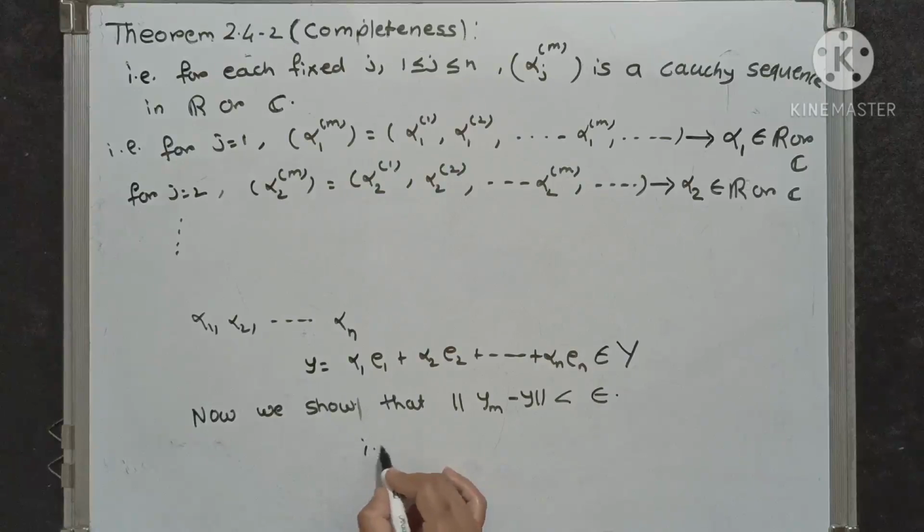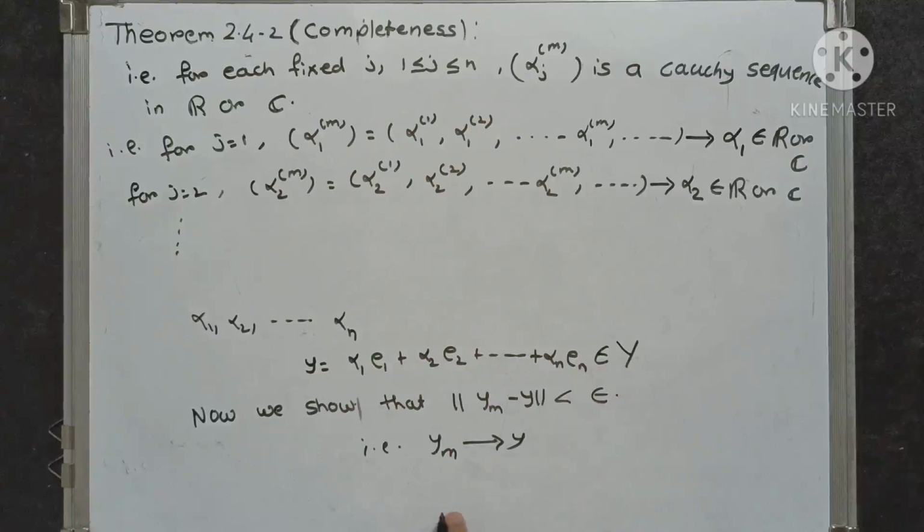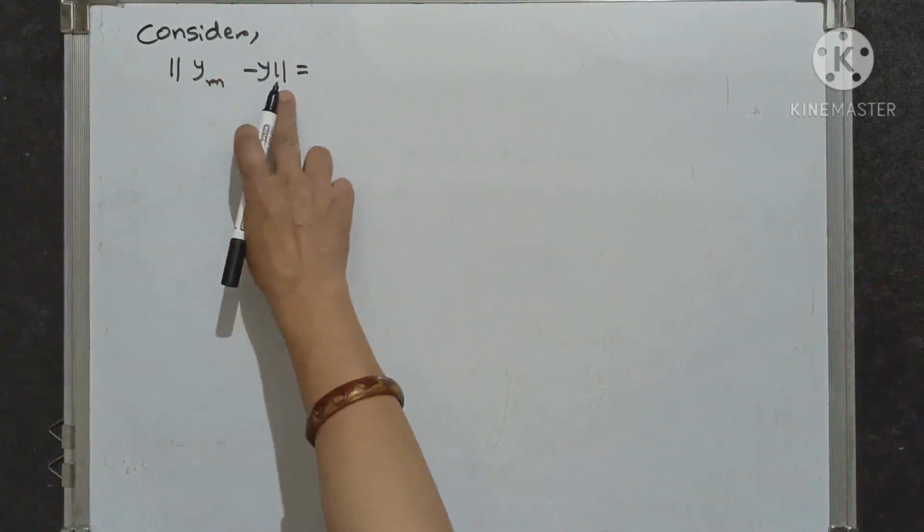That means we show that ym converges to y, and as we proved that small y is an element of Y, we have to show that ym converges to y and y is an element of capital Y. Now consider norm of ym minus y.